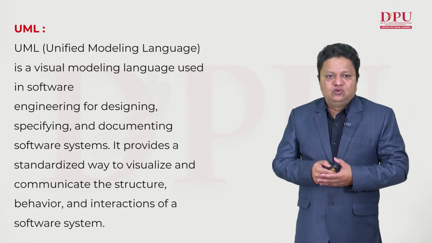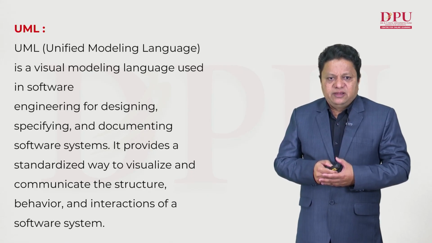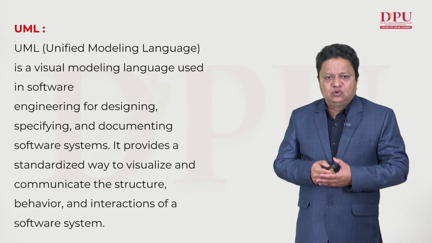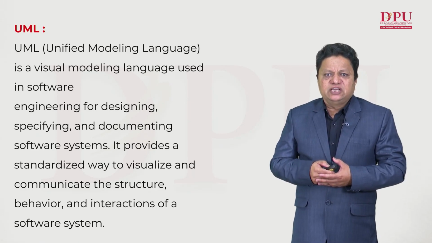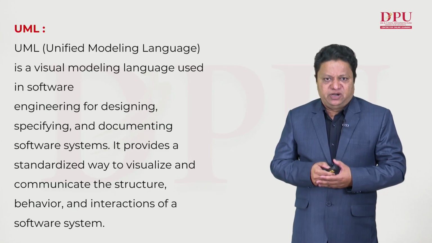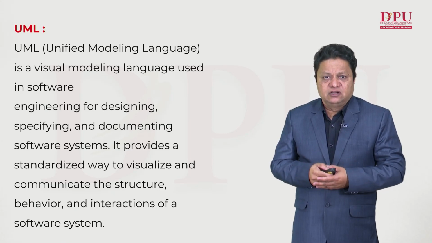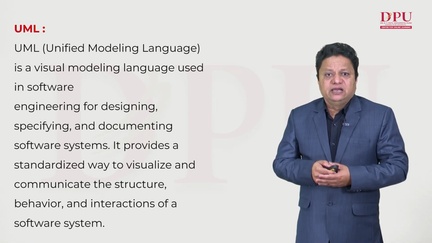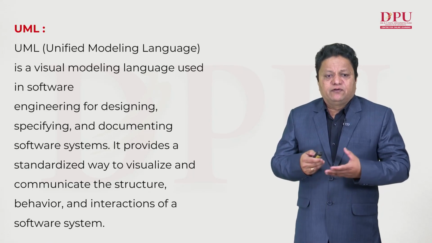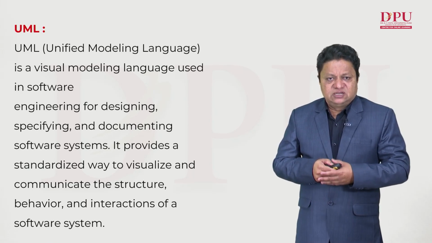Now, let us talk about UML, that is Unified Modeling Language. Basically, it is a visual modeling language tool, which is used in software development, or software engineering rather, for designing the system, for specifying the elements of your system, and for system documentation.